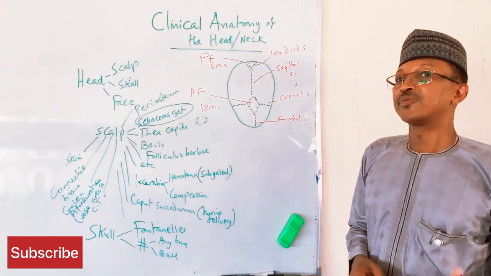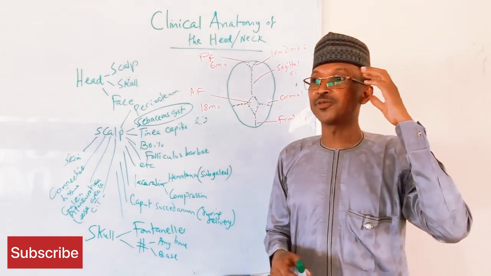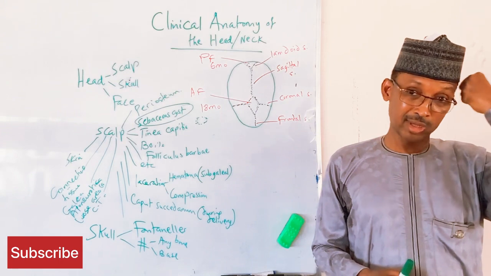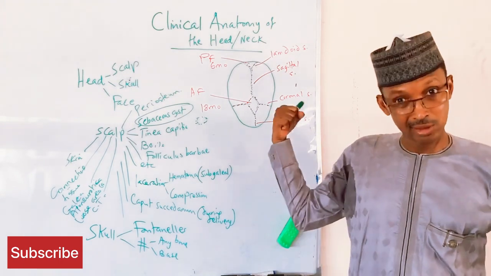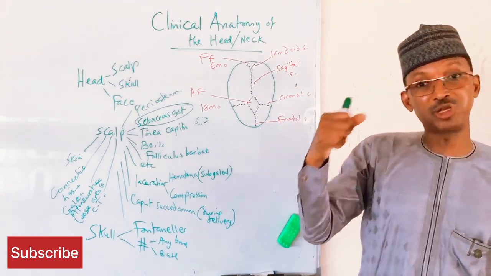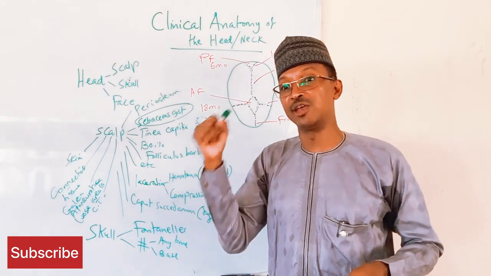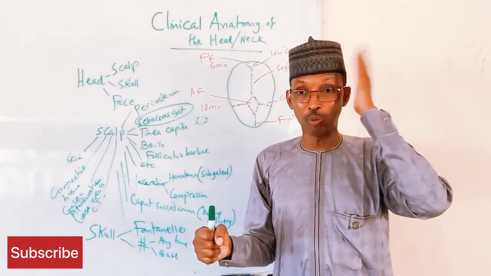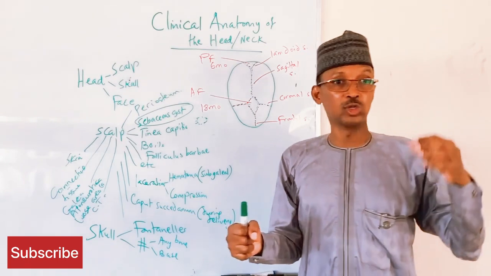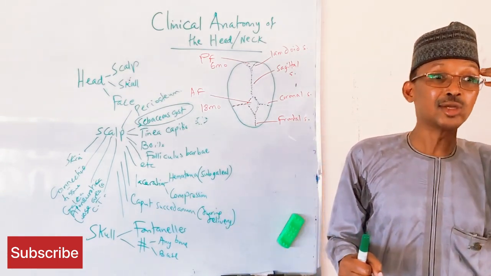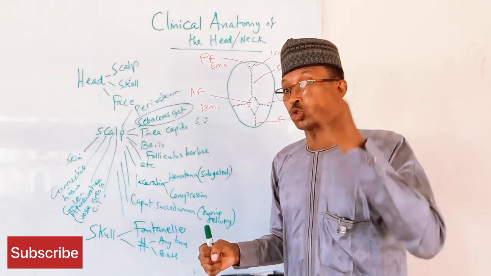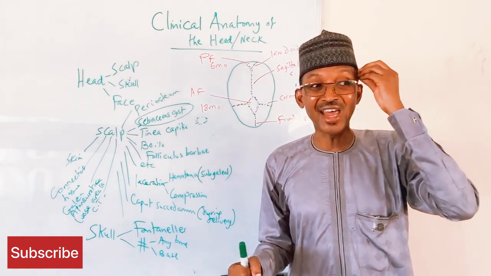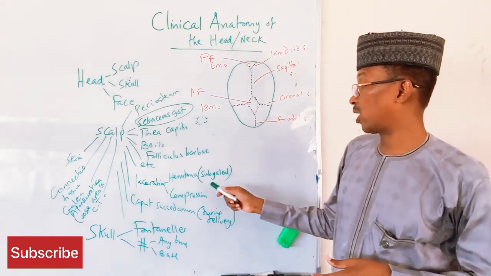So again, if the laceration is just a trauma, like contusional forces, somebody bangs, somebody uses a very heavy object like a metal to bang on the head. You see, some of the arteries may rupture inside without seeing the blood outside. So the collection of blood underneath the skin, that is what we call hematoma.